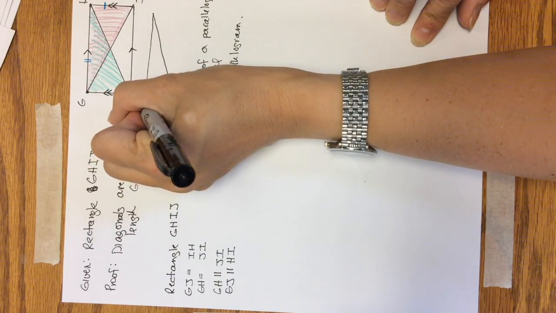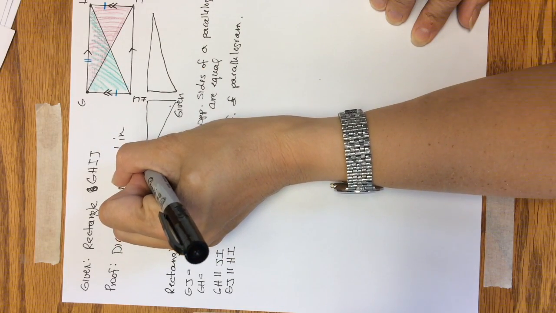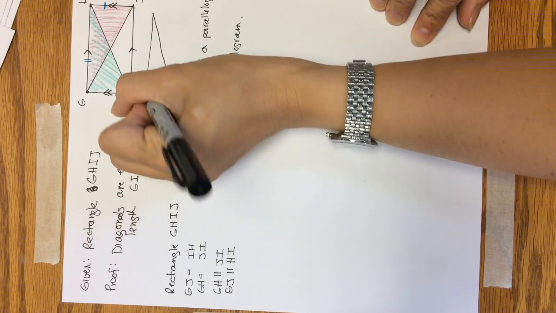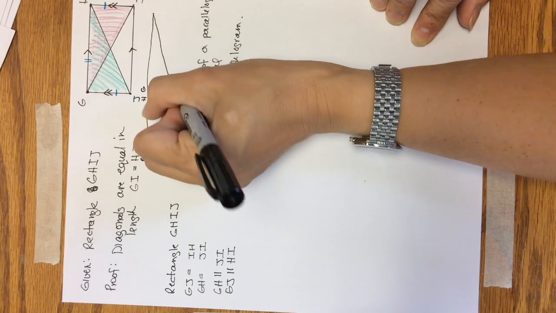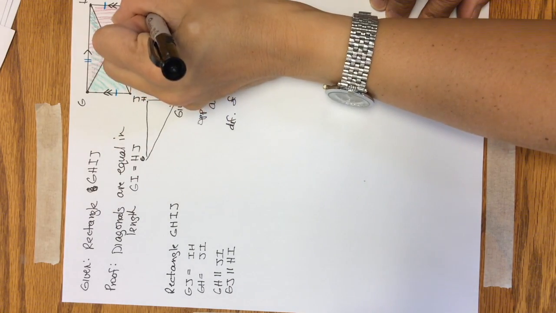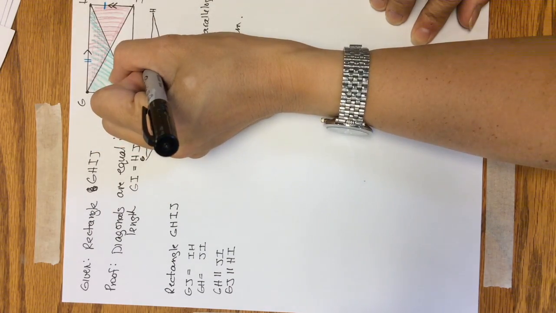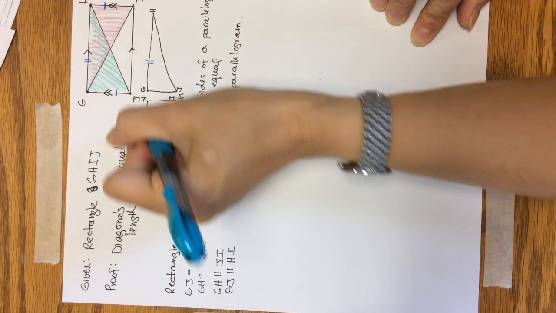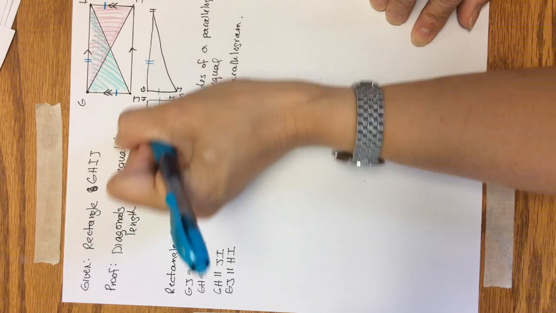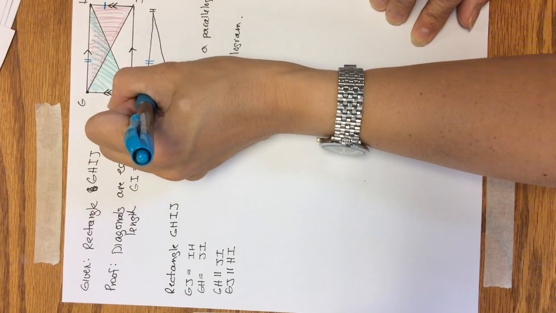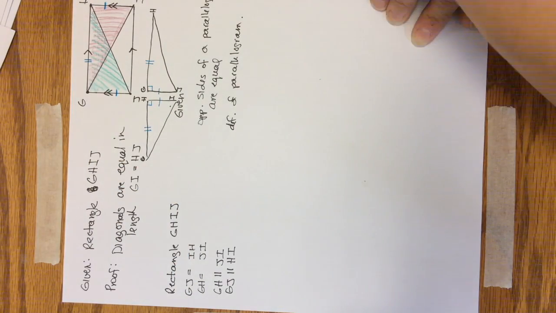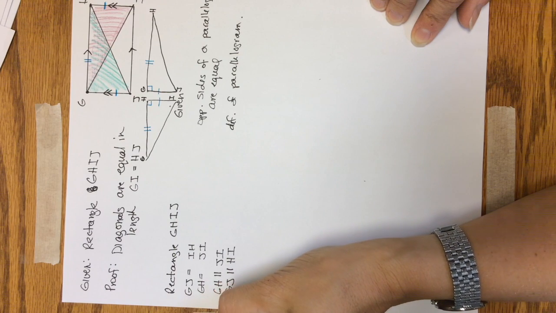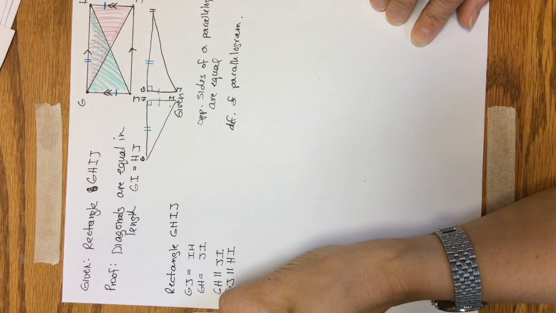So here I have HGI and GJH. So we marked this double tick, single tick, and then next I'm going to say that these are both right angles and therefore congruent. I need to name them with three letters though.